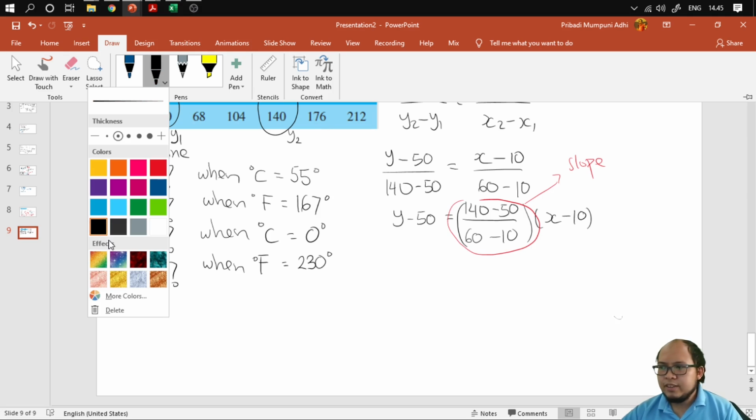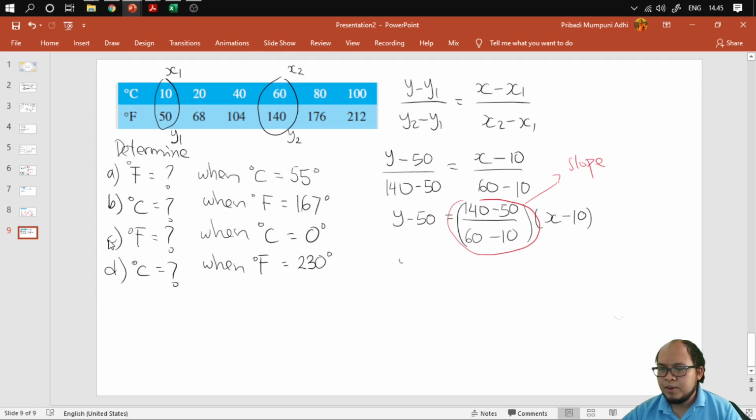So finally, we will have y equal to, this one is 90 over 50. So we can write 9 over 5 x minus 18 plus 50, or y equals 9 over 5 x plus 32.